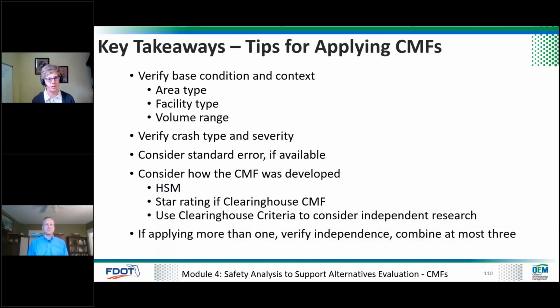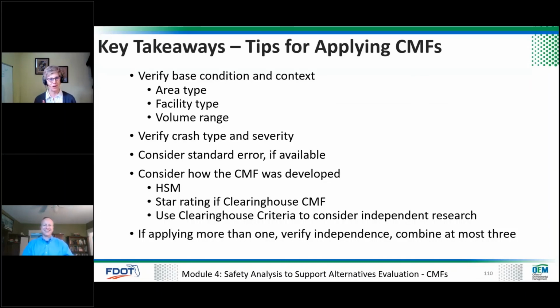So just some tips, and I kind of went over those a moment ago, but verify that, do the digging that Rob showed you. Verify that the base condition and the context and the study are applicable to what we're doing. And as we said, when you go into the clearinghouse, if you get 1 number out of the clearinghouse, you're a lucky person.